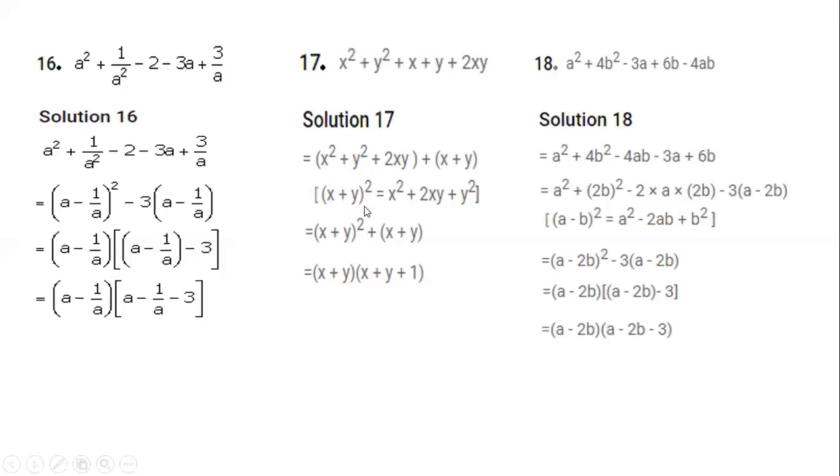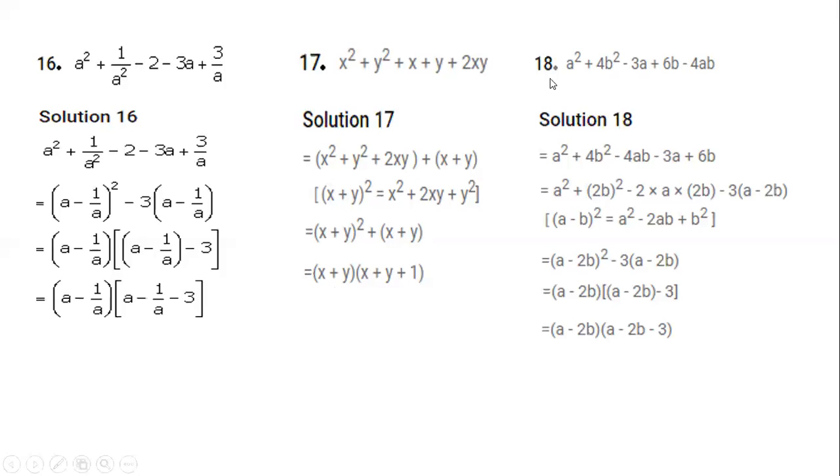We all know that x plus y whole square gives you x square plus 2xy plus y square. So I am going to write this whole term as x plus y whole square, plus x plus y as it is. Take out x plus y common. This x plus y is a common quantity, and we are left with x plus y plus 1.